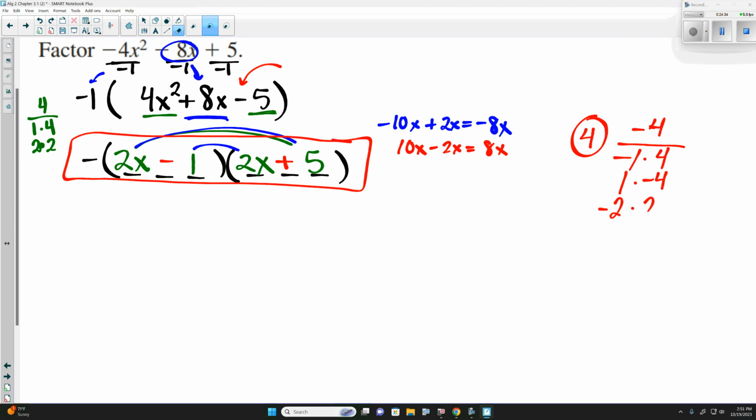Or negative 2 times 2, or 2 times negative 2. We have to adjust for that negative sign. Now, the negative sign doesn't affect the 5 in this step here, because step 3 took care of that step.